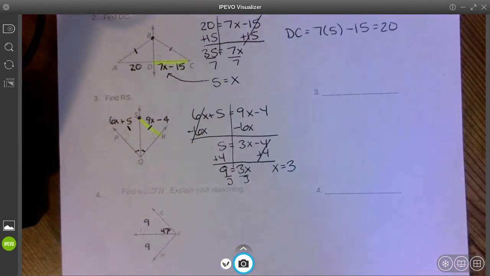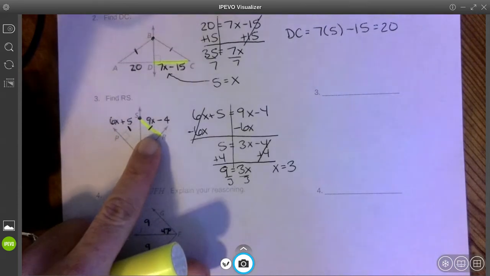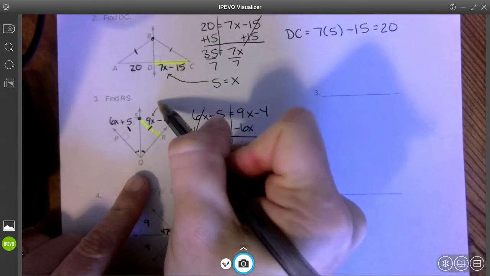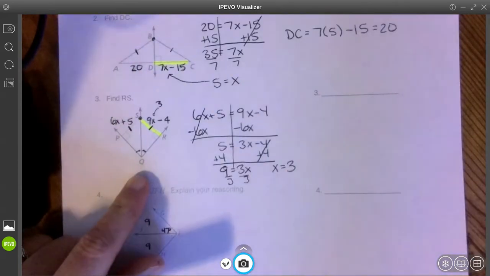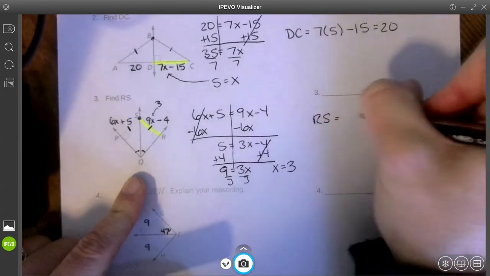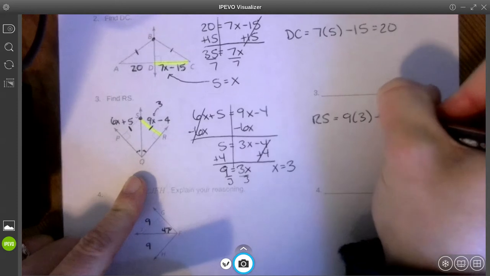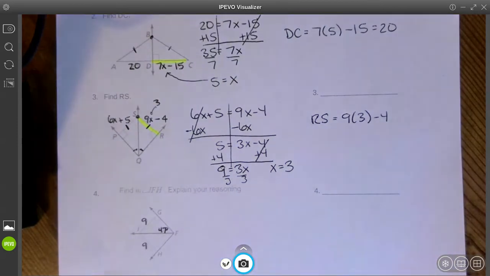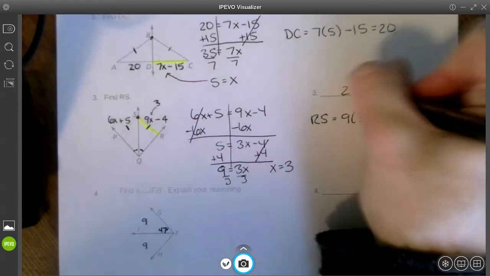Remember, they're not asking for x, they want the length of RS. So I now need to go ahead and substitute 3 in for x. So the length of RS is equal to 9 times 3 minus 4, which gets me 23.